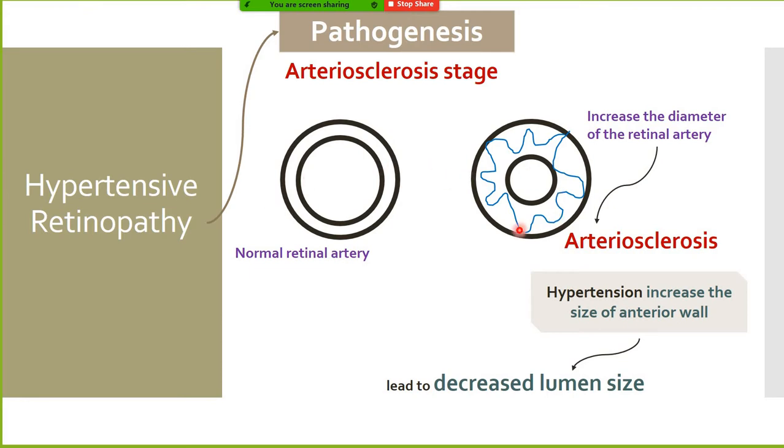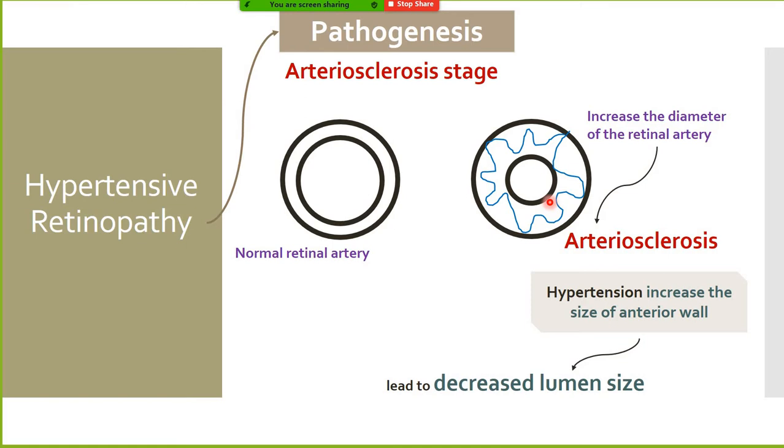In the arteriosclerosis stage, there will be a thickening, so there will be an increase in the diameter of the retinal artery. This thickening is called sclerosis. Here we call it arteriosclerosis because the arteries are getting sclerosis because of the thickening.